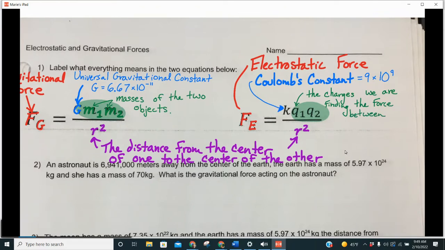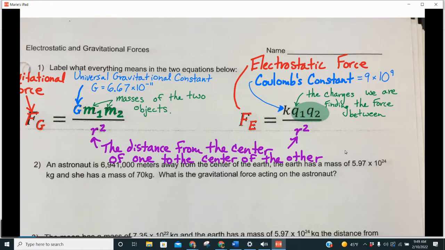Again, it does not matter at all what order you do them in. Not at all. All right, any questions so far? Good?